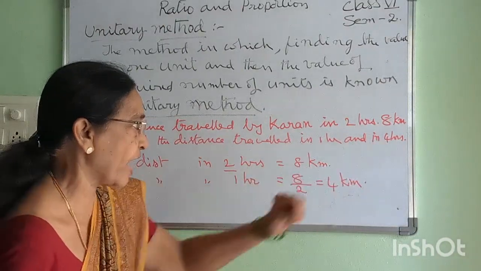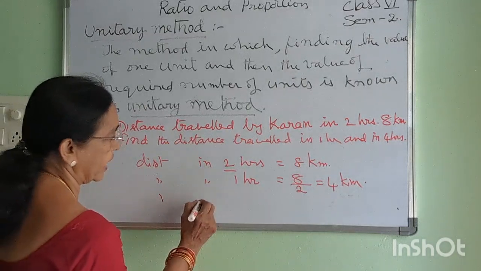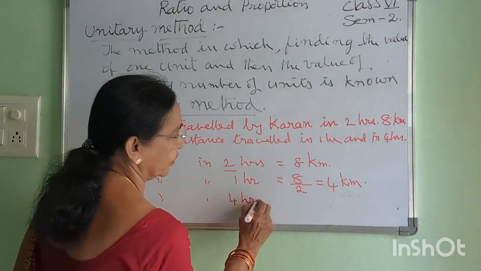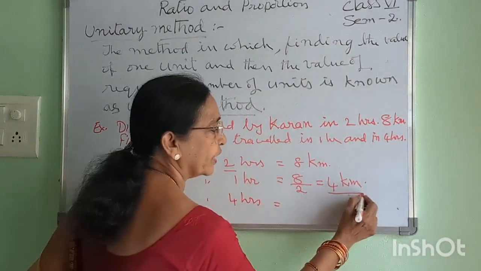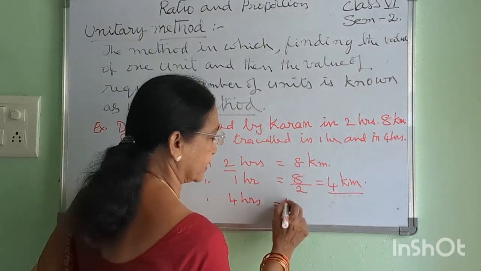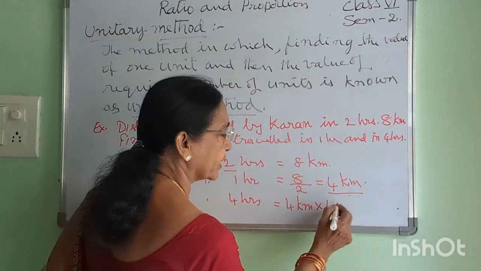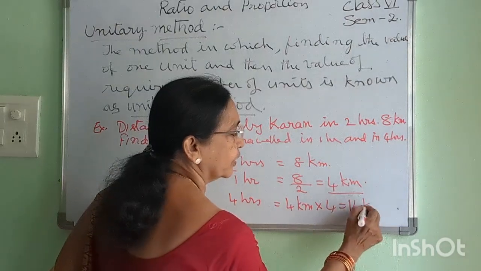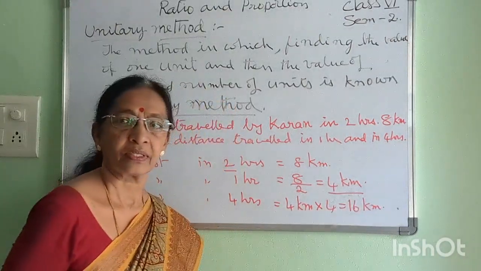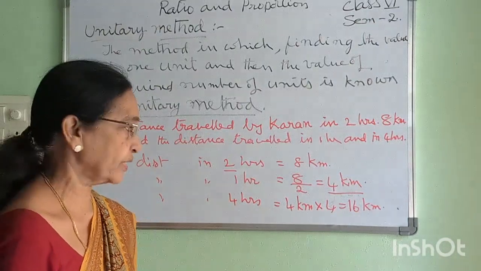Therefore, the distance travelled in 4 hours: in 1 hour it travels 4 kilometers, so in 4 hours it travels 4 kilometers into 4, 16 kilometers. Thus it is the unitary method.